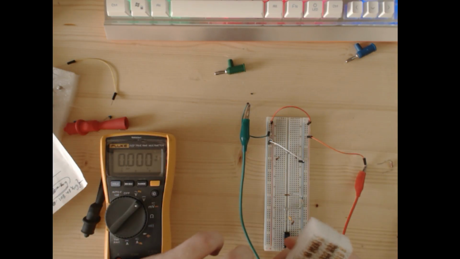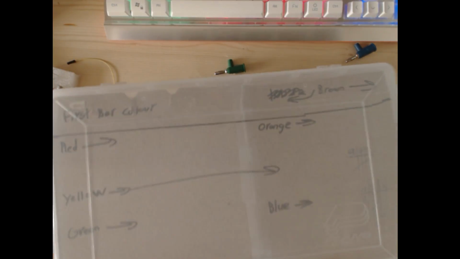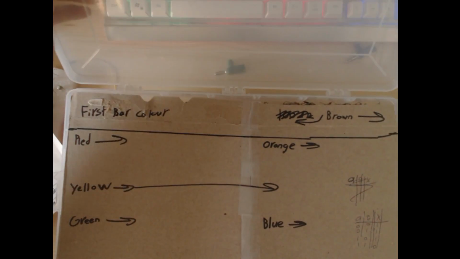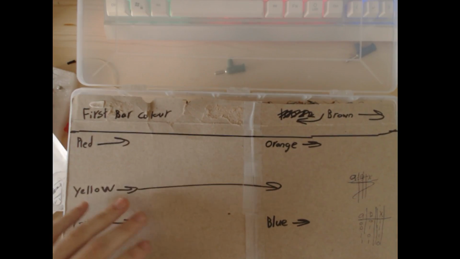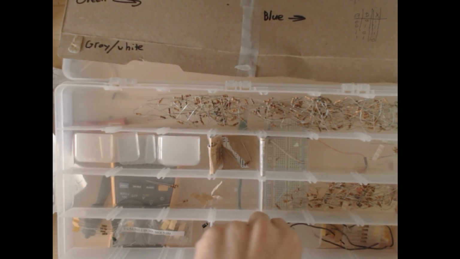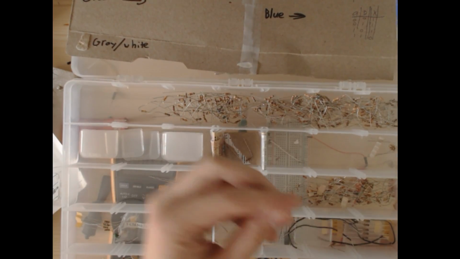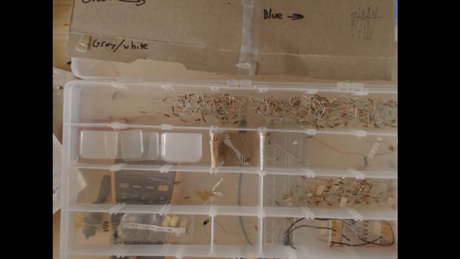So a 1K resistor, like so, with a 560 ohm. I'm going to have to go through here to find it from last semester. 560.